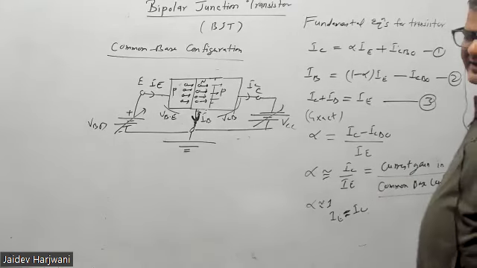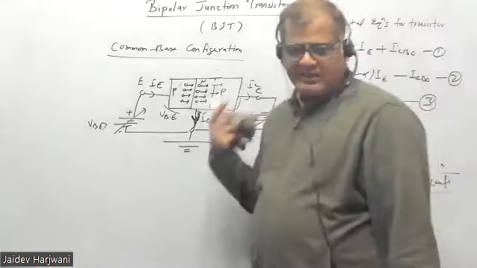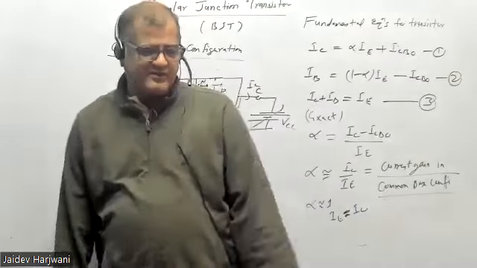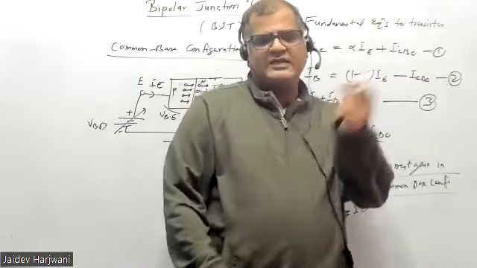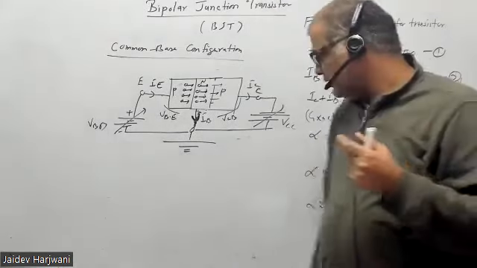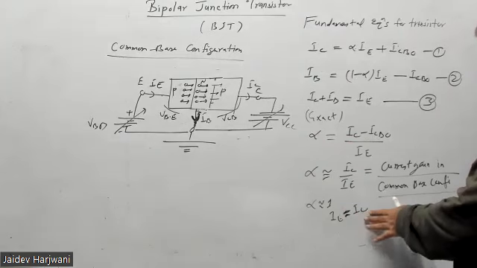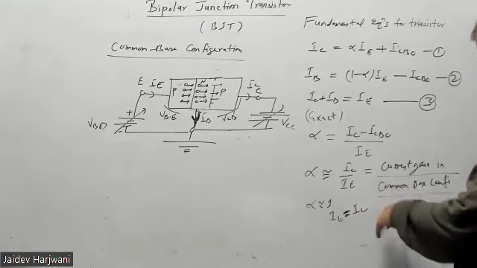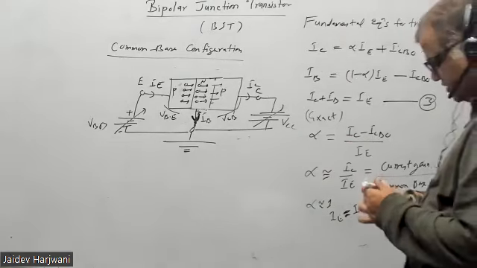Okay. So what is the advantage? You put some current in, and you get the same current out. But what is the advantage? You'll see that now. So this is the current gain of this configuration.